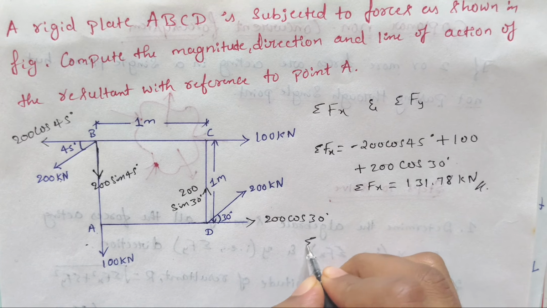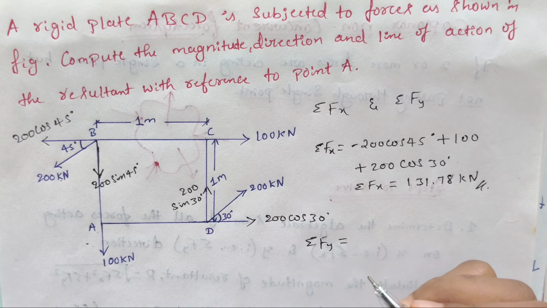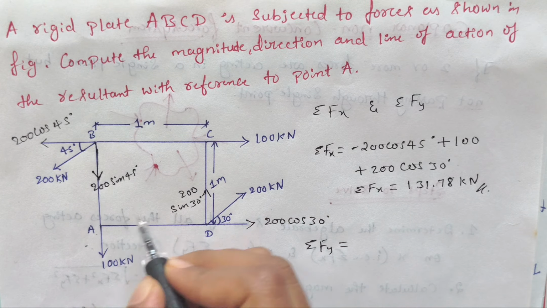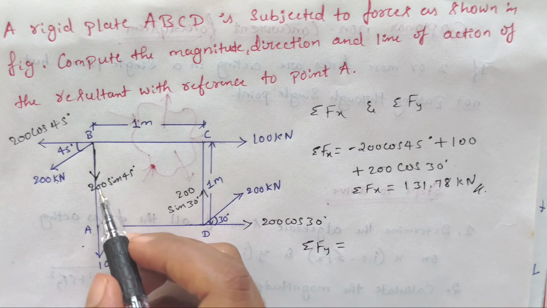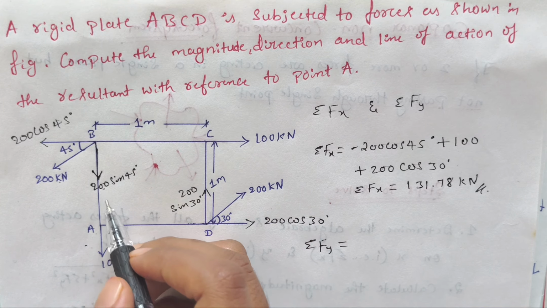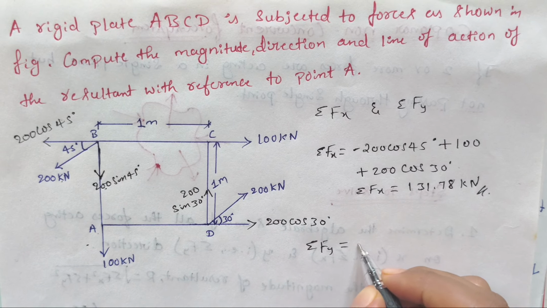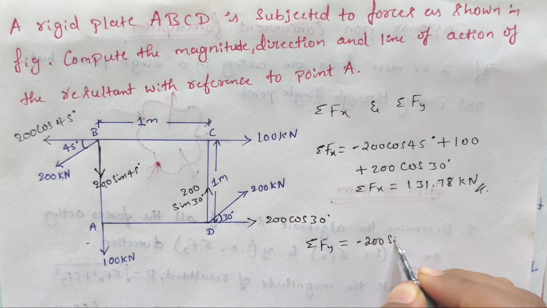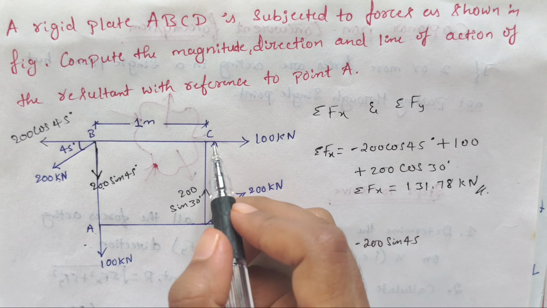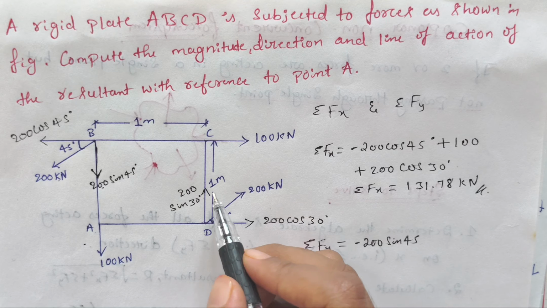Similarly, you have to do it for sigma Fy. So now write down all the vertical forces. This is moving downward, so it will be minus 200 sin 45. And this is horizontal, we can't consider that.